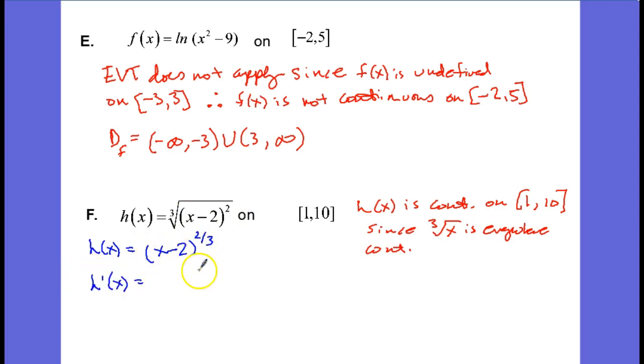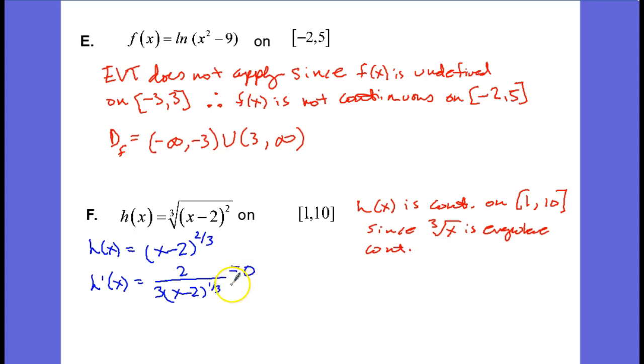So h prime of x is going to be 2 over 3, and then remember, it's power times base down 1, so 2/3 minus 3/3 gives me a -1/3. Let me write that in the denominator so I can make it positive: x minus 2 to the 1/3, and we will set this equal to 0.